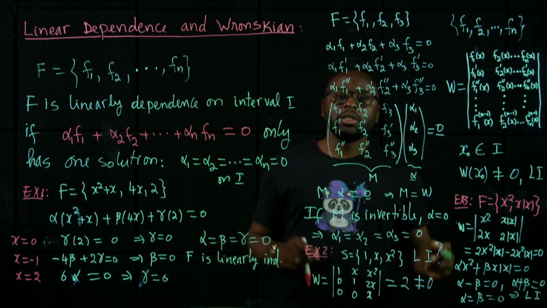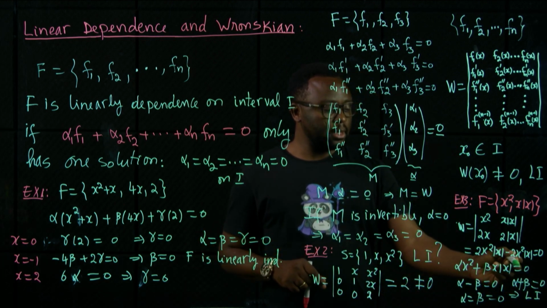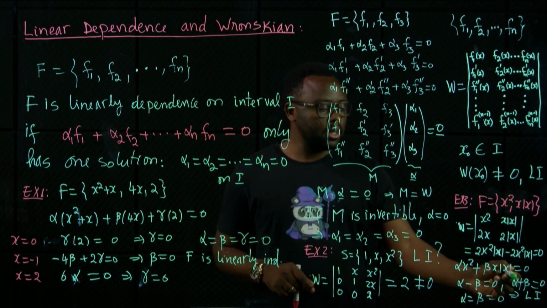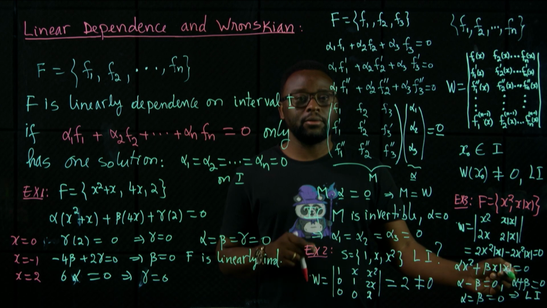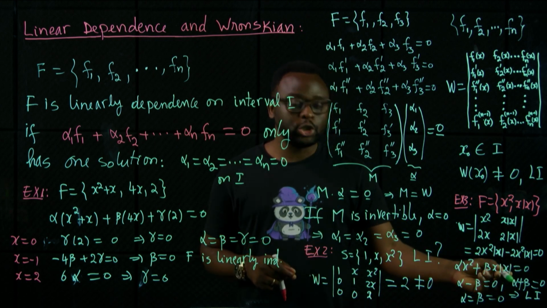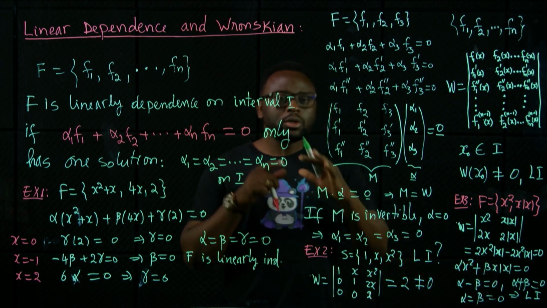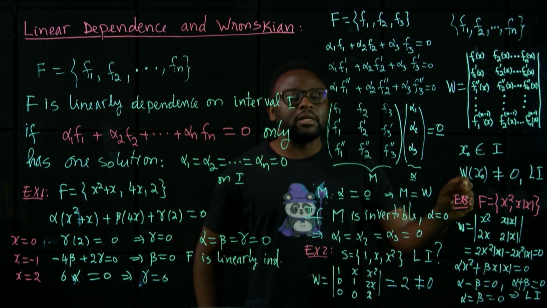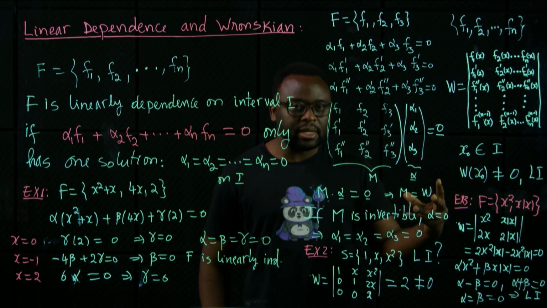Okay, so if you had stopped at the stage where you obtained the Wronskian equals 0 and concluded that the system is linearly dependent, that would be wrong. You have to check with this method, and this method now shows you that the system is linearly independent. Just to sum up, when the Wronskian is different from 0, it clearly means that the system is linearly independent.